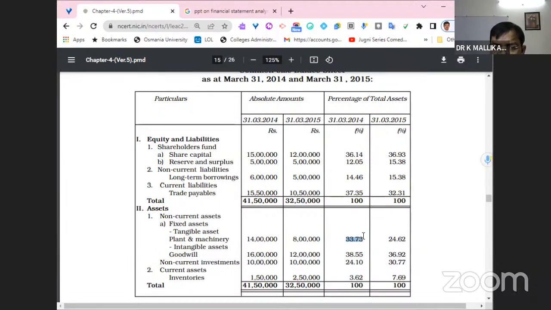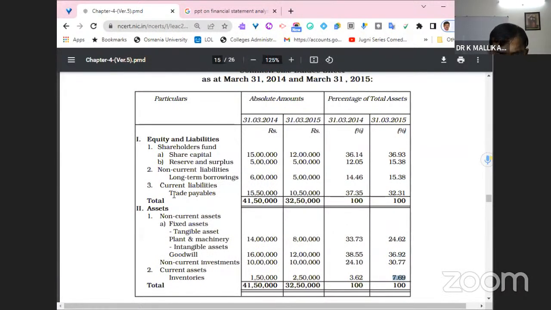But this year the tangible assets are only 24.62%. The goodwill earlier was 38.55%, now it is 36.92%. See the current asset inventory: earlier it was 3.62%, now 7.69%.